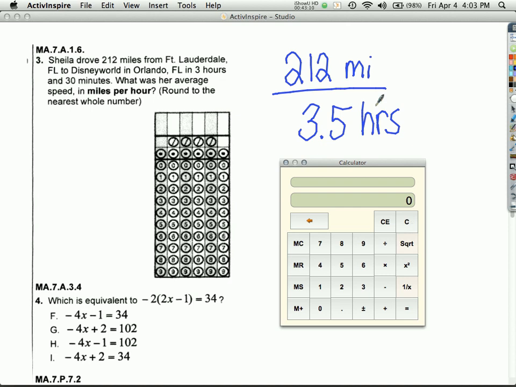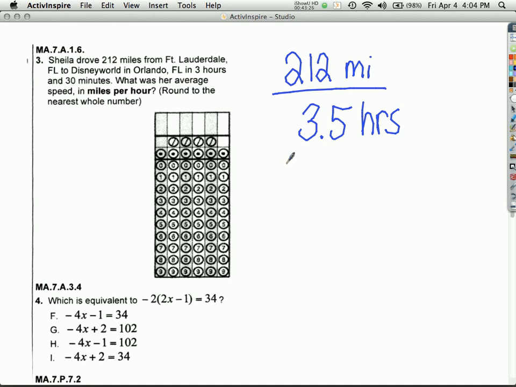Good, divide top by bottom. 212 divided by 3.5, and you get this ugly decimal. But it says in the instructions, round to the nearest whole number. Round to the nearest whole number, and it comes out to 61. Bubbling that in, in the grid, you put a 61 and you bubble in 6, 1.